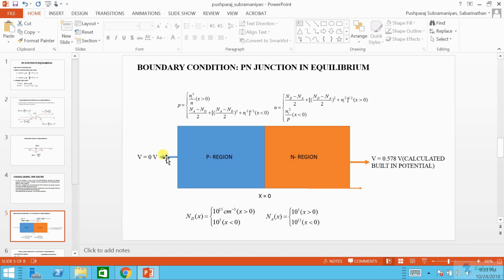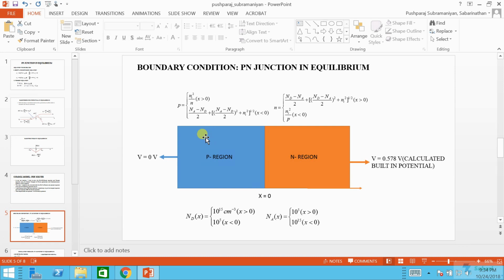One side is grounded while the other side is given to be 0.578, which is calculated using the donor concentration and acceptor concentration. This is the p region, this is the n region, where the p region contains an excess amount of holes, and the n region contains an excess amount of electrons.